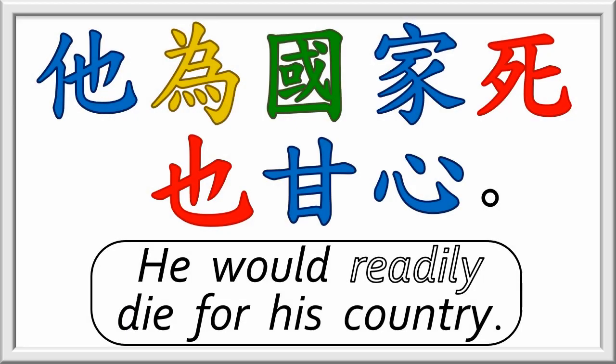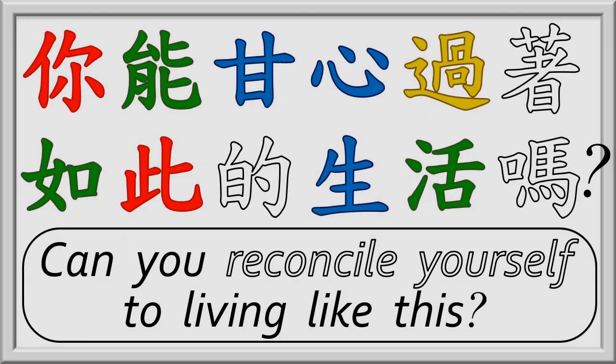Much more useful, however, is the expression 甘心, literally palatable to the heart or mind, which in English is translated as readily or willingly. Here are 3 affirmative examples and 2 negative ones. 他为国家死也甘心. He would readily die for his country. 你能甘心过着如此的生活吗?